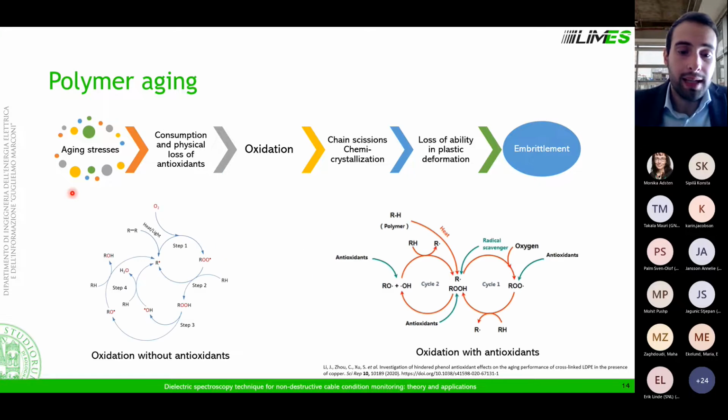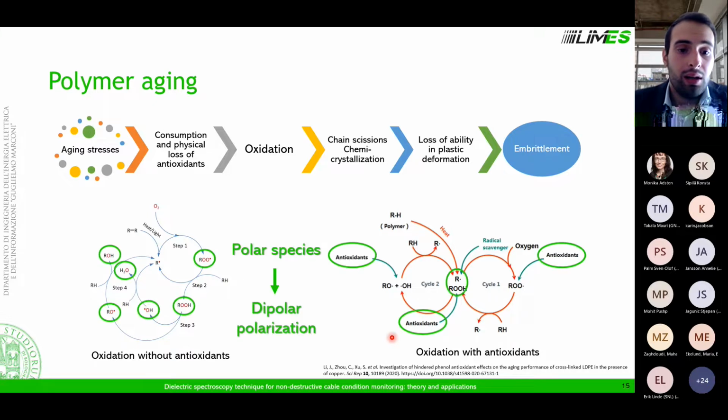In this slide, you can see some graphs that were already reported by Konsta today. In particular, they represent the chain reactions of oxidation inside polyolefins. The only difference between these two graphs is the presence of the antioxidants. Without antioxidant, we have this chain here, while with antioxidant, we have this other chain here.